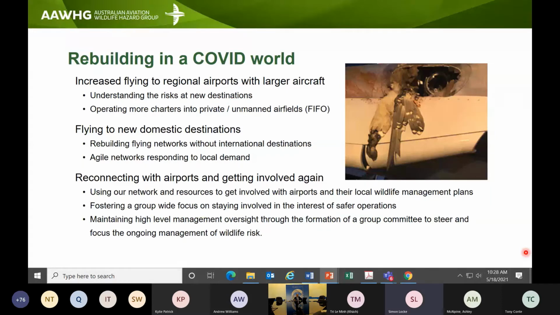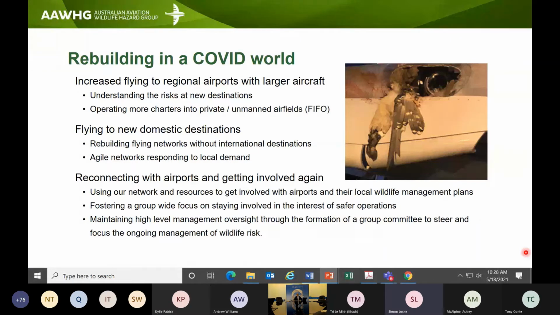The result is a different environment for the airfields to have a different type of aircraft operating in their space, and not necessarily in all cases having an agile plan that can take into account when large aircraft come through.